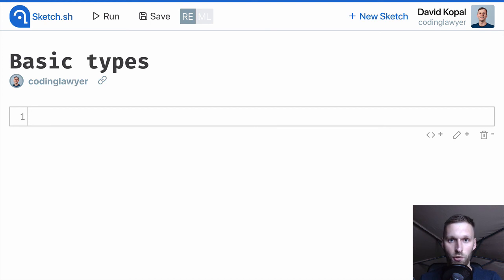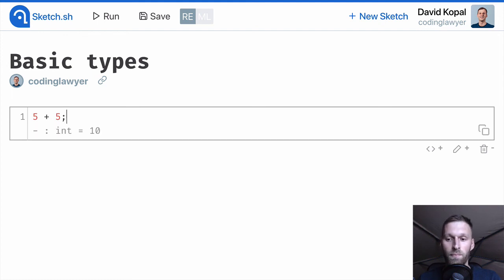Now, let's talk about errors. We will take a look at the two major kinds of errors that we can get in Reason: syntax errors and type errors. Let's get started with syntax errors. This phrase is correct, since it is a correct arithmetic expression. The system answers with a type which is int, and the value is 10.